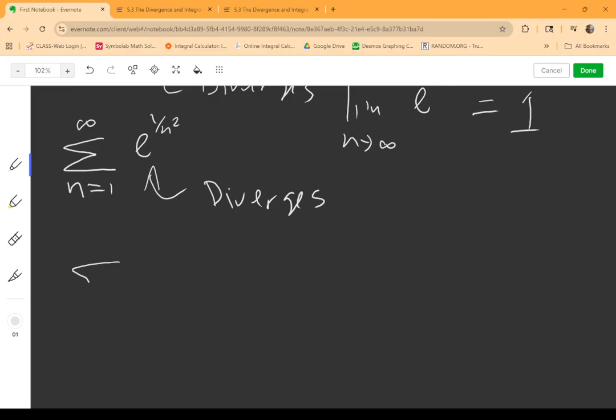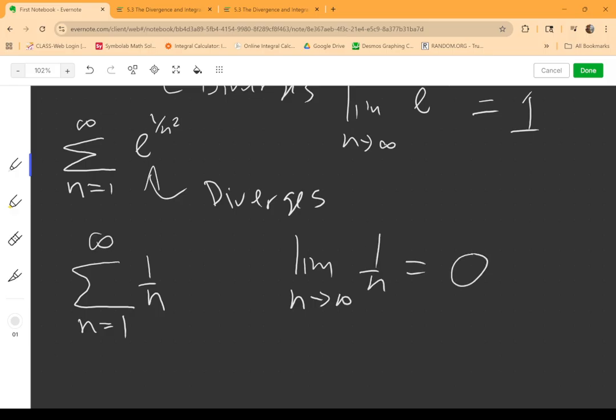For example, let's take a look at the harmonic series, which we covered in a previous video, the sum of 1 over n from n equals 1 to infinity. Now if we look here, we see that this goes to 0. It's important to realize that the divergence test does not apply here.